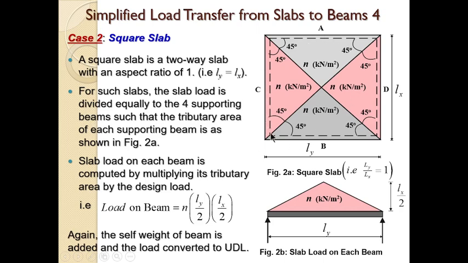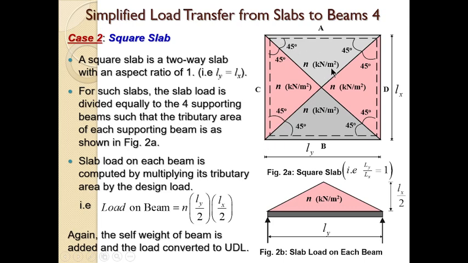So this is figure 2a. You can see there are 4 beams supporting this square slab: beam A, beam B, beam C, beam D. Now the tributary area is such that the slab is divided into 4 equal triangles.